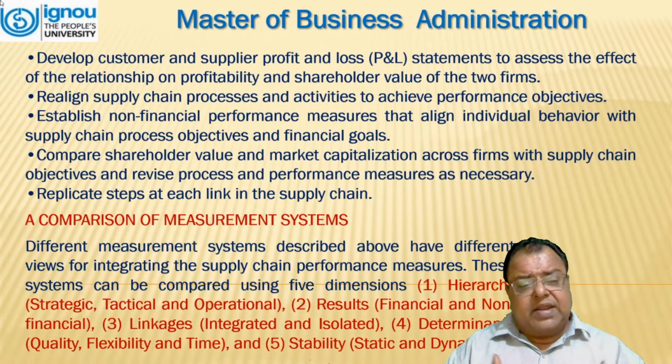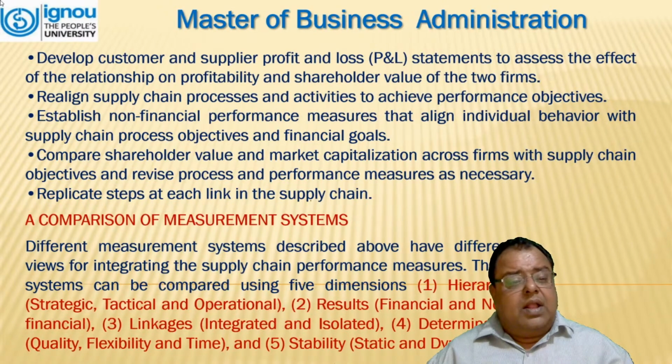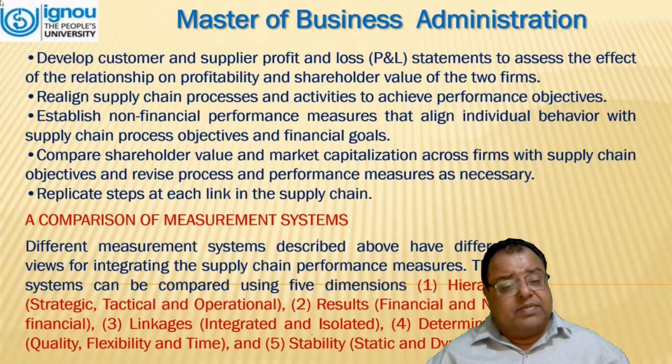Next one is compare stakeholder value and value capitalization across firms with supply chain objectives, and revise process and performance measures as necessary. Replicate steps at each link in the supply chain.